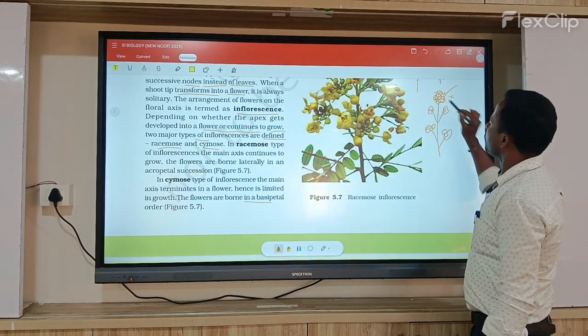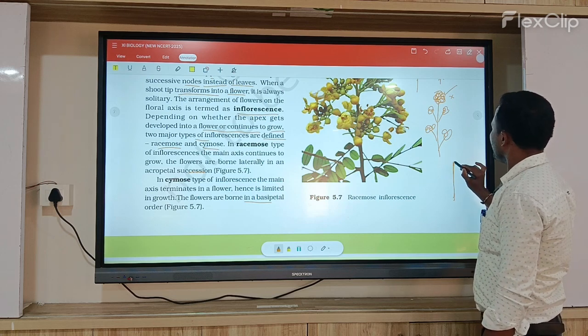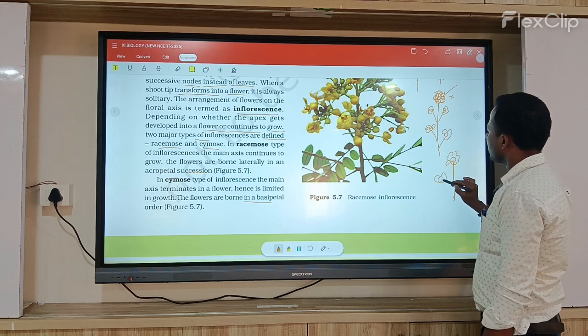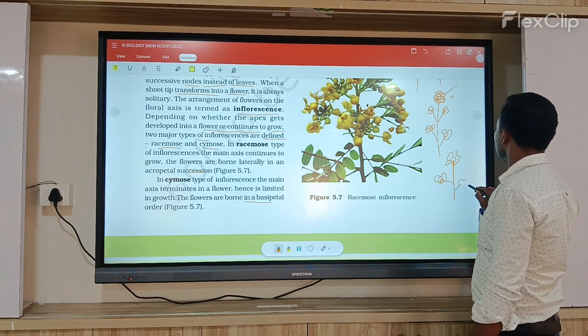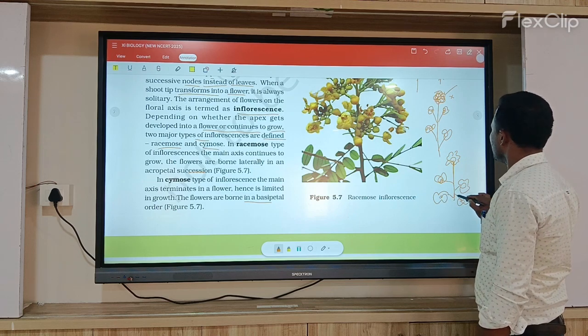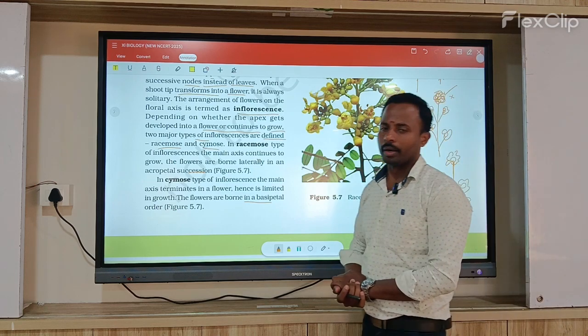When the terminal region bears a flower, the basal side then forms flowers, which is completely basipetal order.